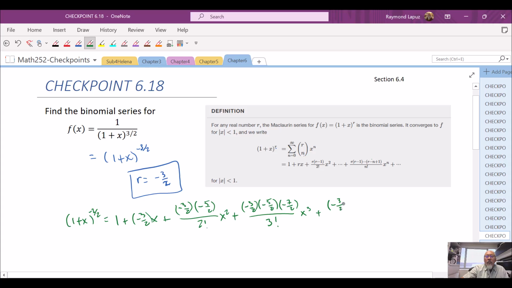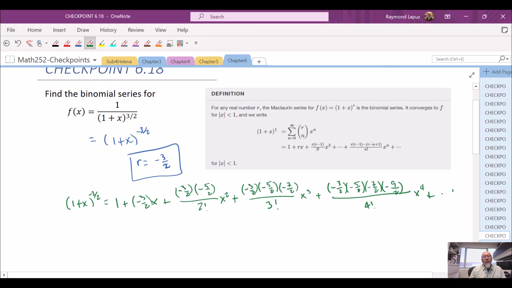It's negative 3 over 2, negative 5 over 2, negative 7 over 2, and then subtract one more, negative 9 over 2. So we can see that the numerators will be all odd numbers from 3 to whatever you stop at. And the denominator will be 4 factorial, since we are looking at the fourth degree term here, and so on.